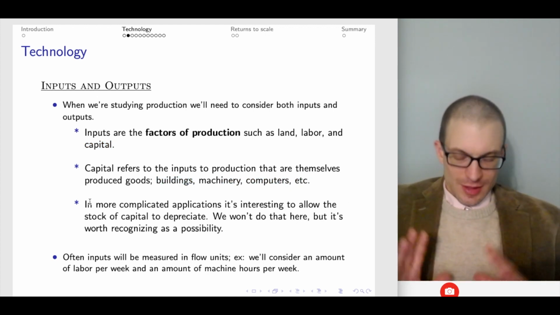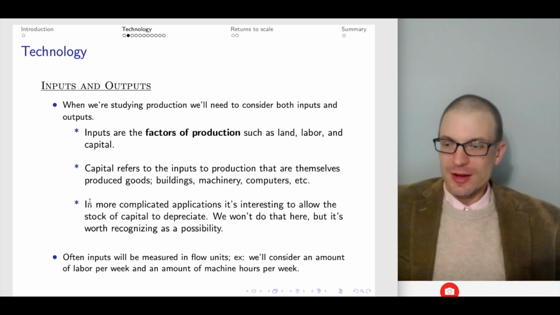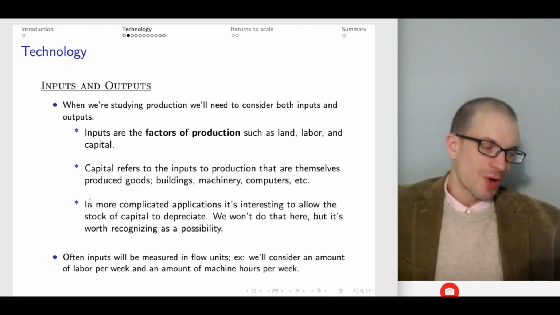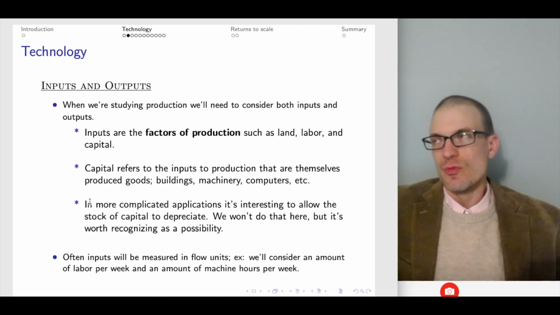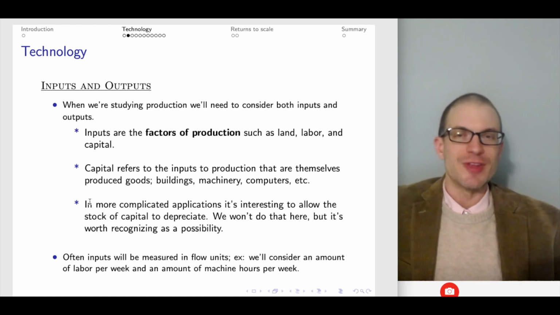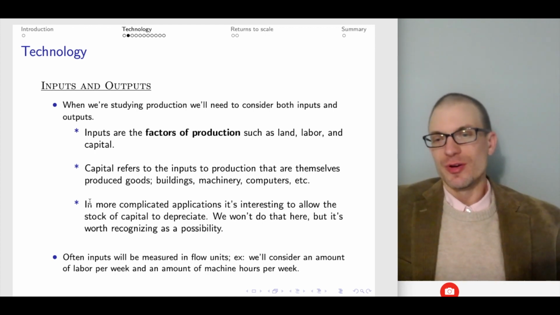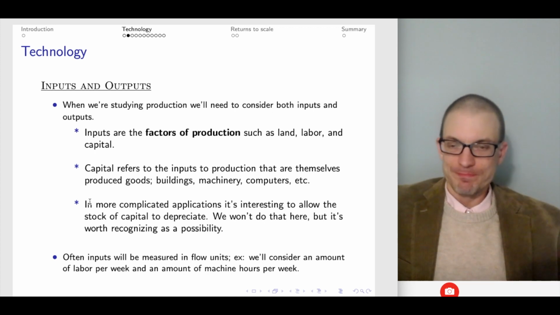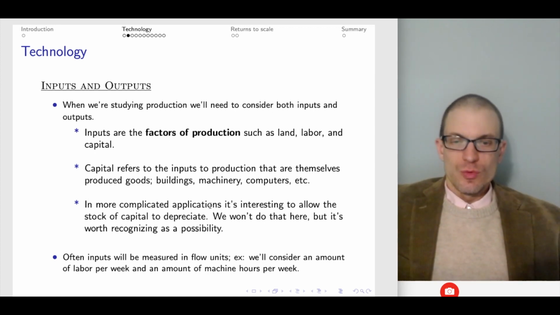In a more complicated class, we would think of depreciation being relevant. This would require us to invoke some type of dynamics, so we'd be thinking about dynamic programming. We won't do that here.